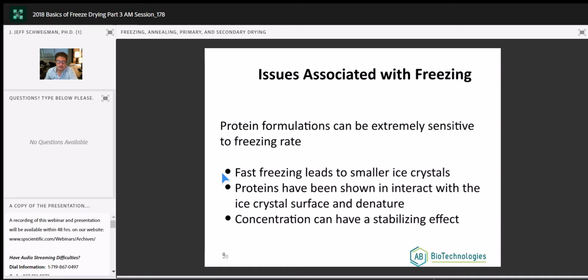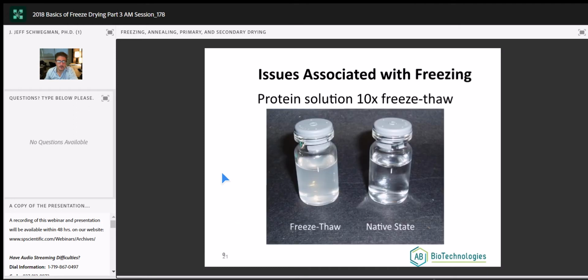We can damage some proteins if they're sensitive to it. Again, this just shows you a protein formulation we had in our lab, a native state in the liquid. If we do freeze-thaw studies, you can actually aggregate that protein to the point that you can physically see the aggregates. They aggregate out, precipitate. We see that as cloudiness.